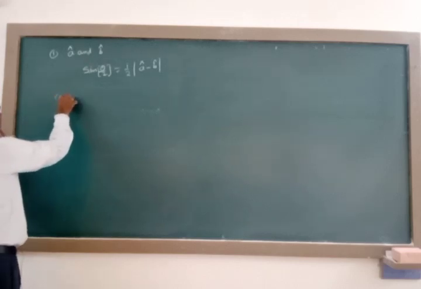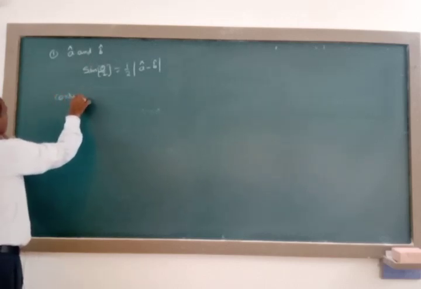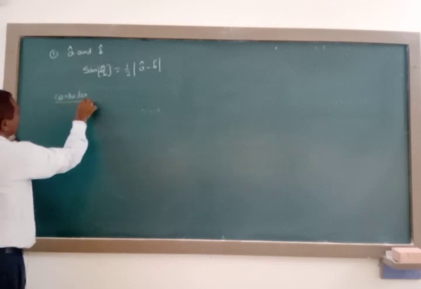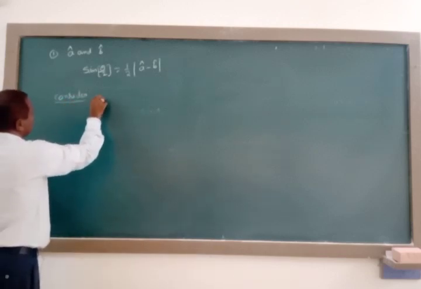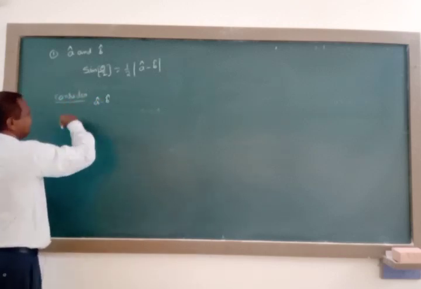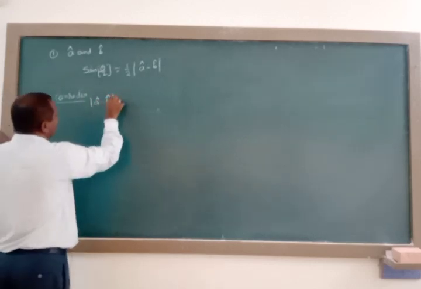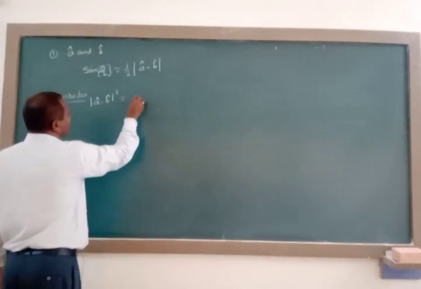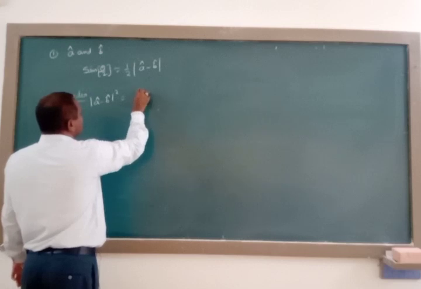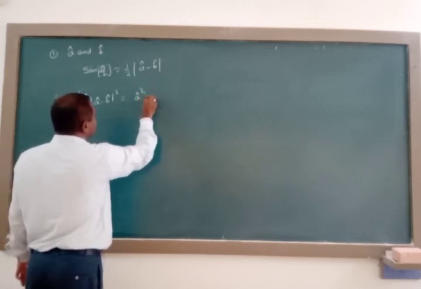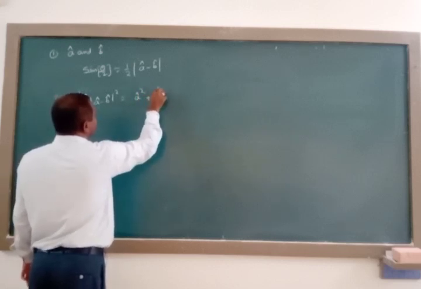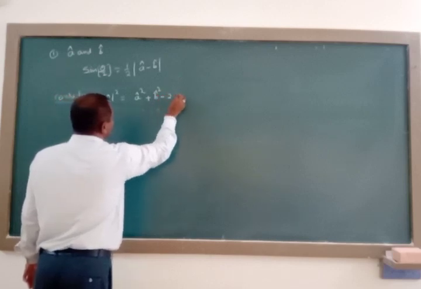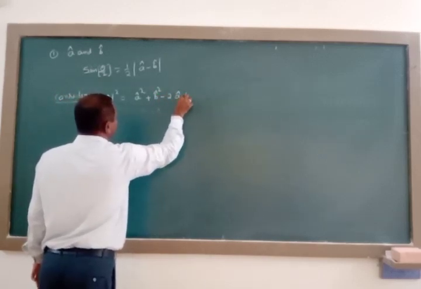Consider a cap minus b cap whole square, or you can consider a bar, b bar also, no problem. It is equal to a cap square plus b cap square minus 2 a cap dot b cap.